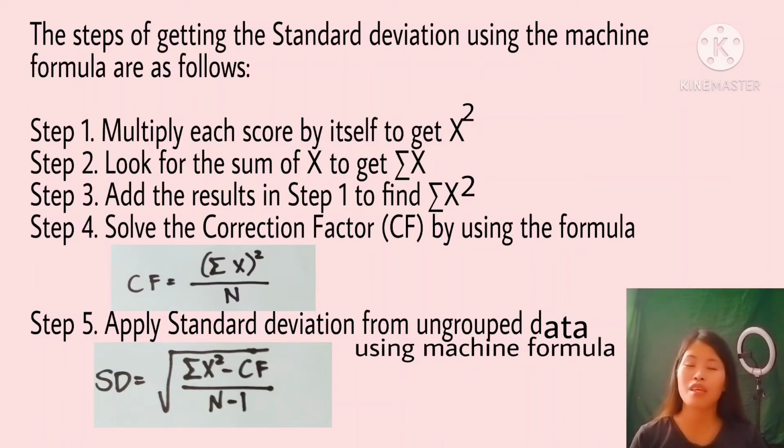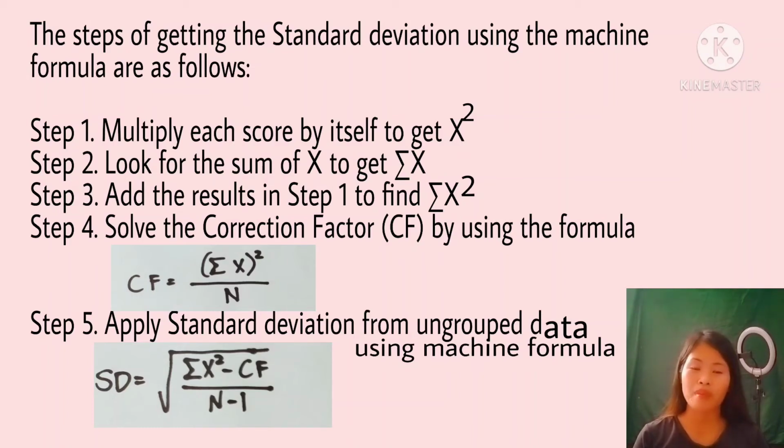CF, by using the formula, which is CF is equal to the summation of x squared divided by n. And then step 5, apply standard deviation from ungrouped data using machine formula, which is SD is equal to the square root of the summation of x squared minus CF divided by n minus 1.